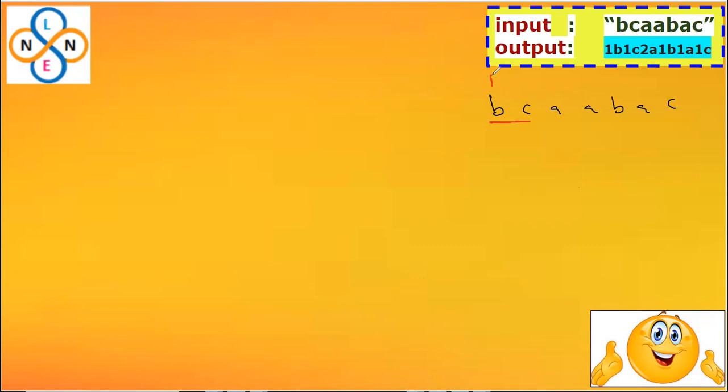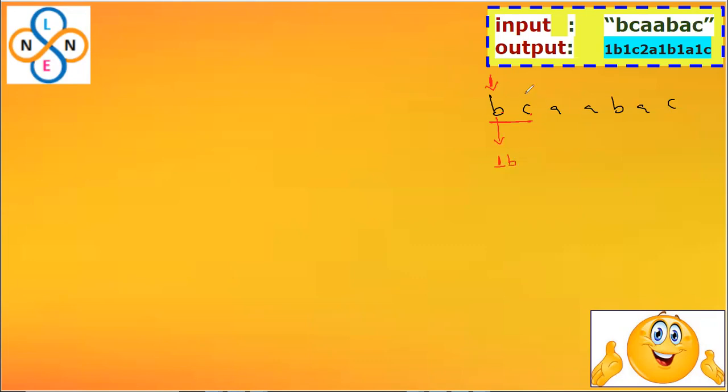In this example, it is no. Therefore, for this B, we count it only once and print the corresponding character.